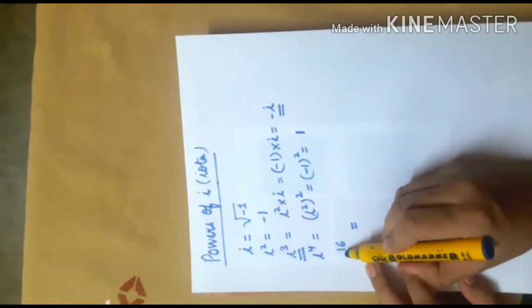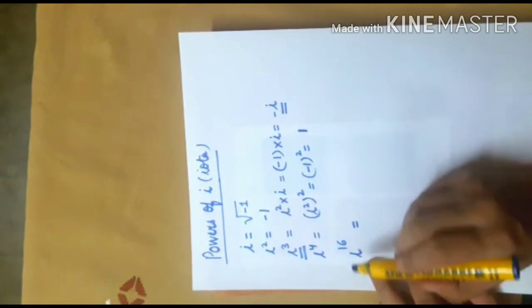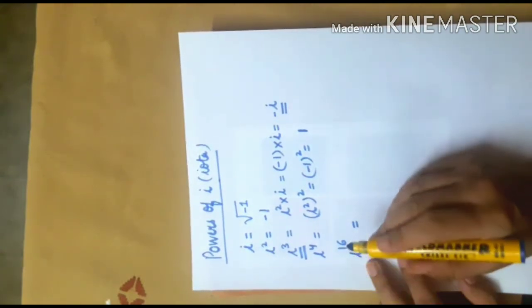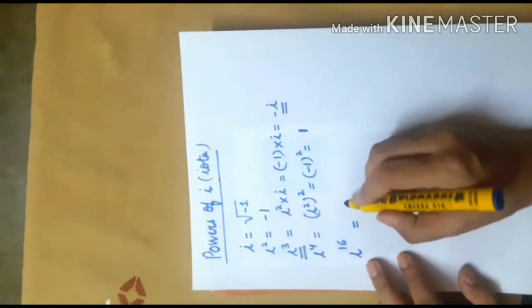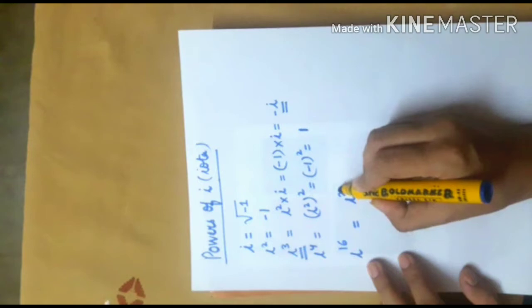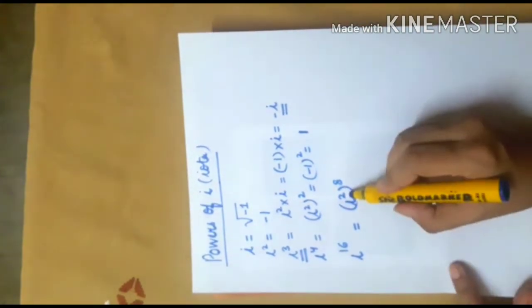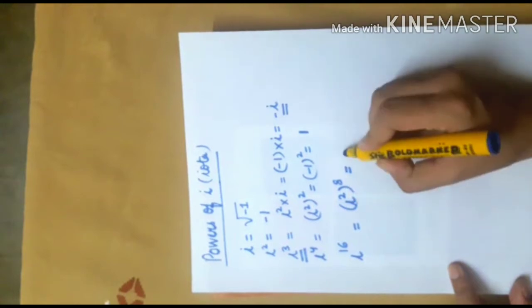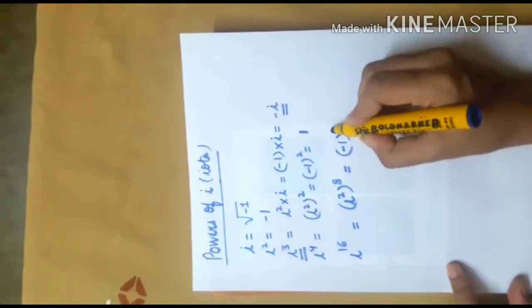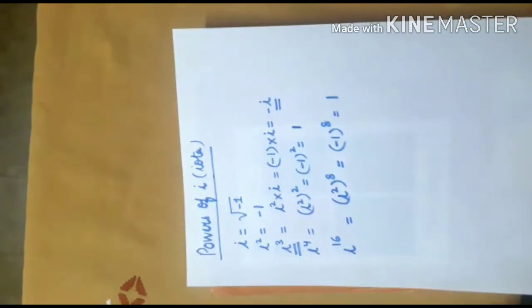First check whether this exponent is even or odd. 16, it's even. So it will be a multiple of 2. So I can write this as iota square to the power 8. Now iota square is minus 1 raised to the power 8. So it will be plus 1.